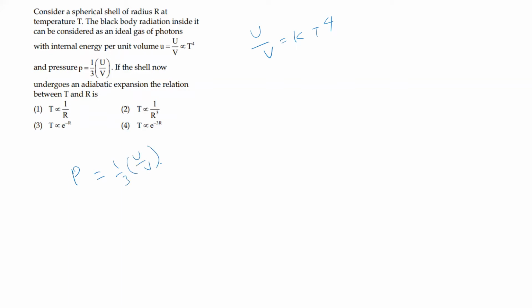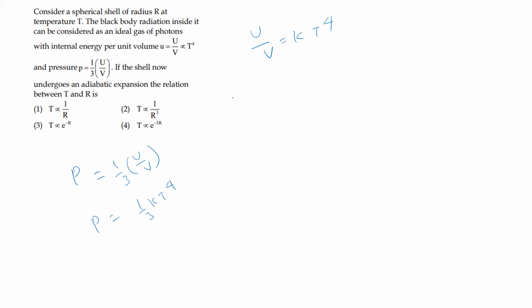They're asking for the relation between T and R. Yes? So now, how do you write this pressure? Pressure is equal to 1 by 3 U by V, where U by V is K into T power 4. So the pressure is 1 by 3 K into T power 4. Got it?